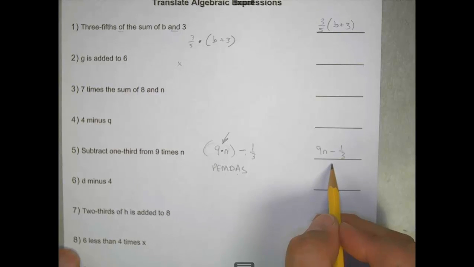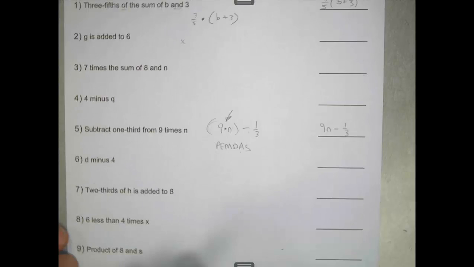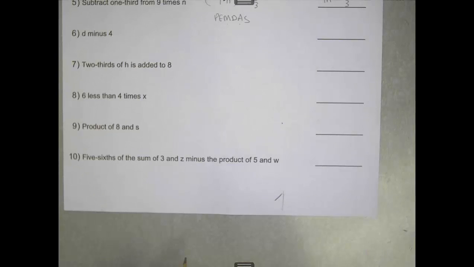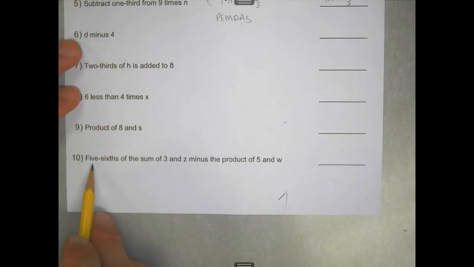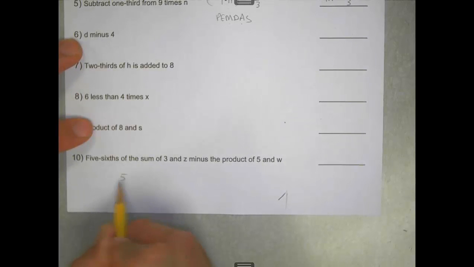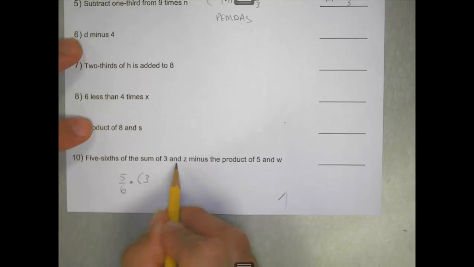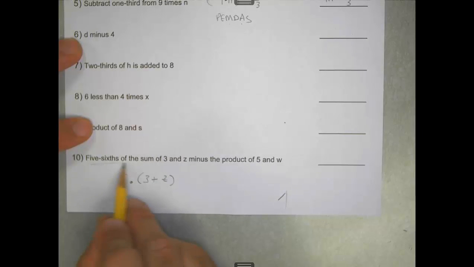Okay. Let's try another one. Let's try number 10. All right, so we want 5/6. So we're going to write 5/6. Of means our multiplication. The sum of, so we need to put this in parentheses. 3 and means plus z. So there's that sentence right there. So 5/6.